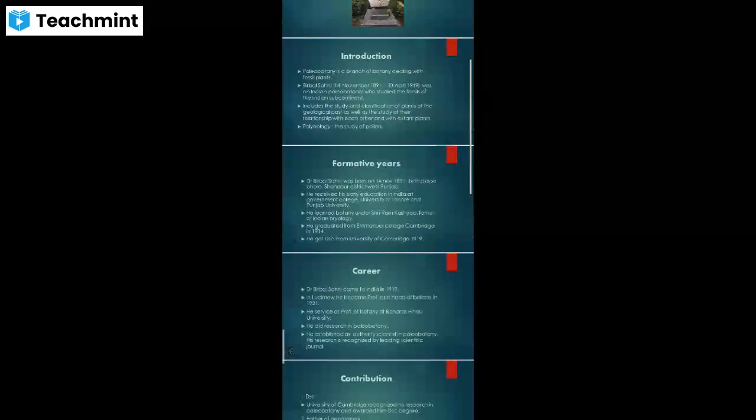He learned botany under the father of Indian biology, Sri Ram Kashyap. He graduated in the year 1914 from Emmanuel College, Cambridge. He got DSc in 1919 from University of Cambridge.